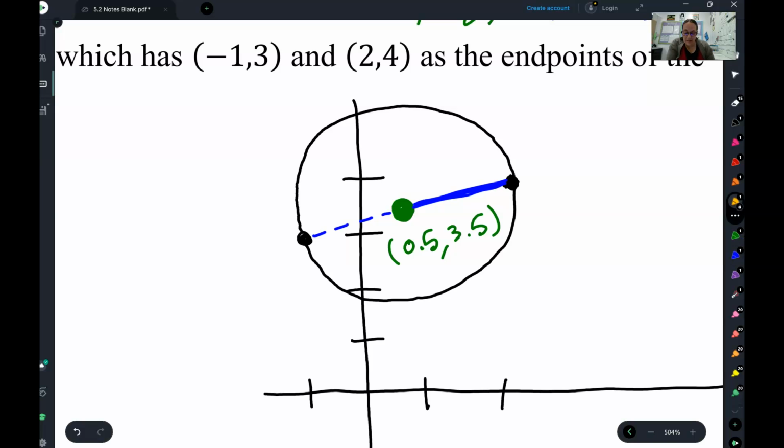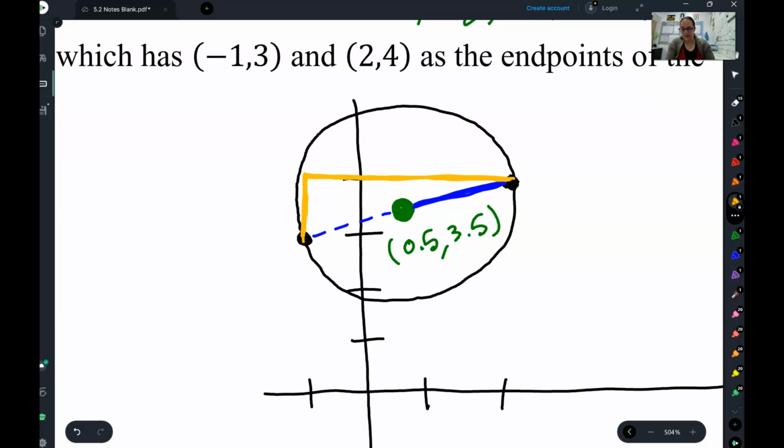To find this diameter, I'm going to make you go way back to right triangles and Pythagorean's theorem, because if you look at these 2 points, I can totally make a right triangle using the diameter between these 2 points. And I can even find the side lengths of this right triangle.